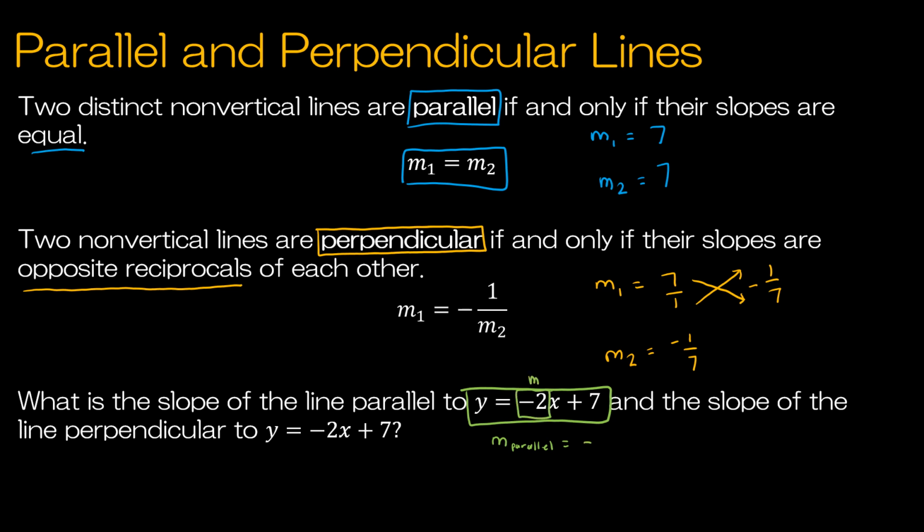So the slope of the line parallel would also be negative 2. But the slope of the line perpendicular is going to be taking negative 2, flipping it upside down, and changing the sign. So instead of negative, now it's positive. Instead of 2 over 1, it's now 1 over 2. So the perpendicular slope is 1/2.